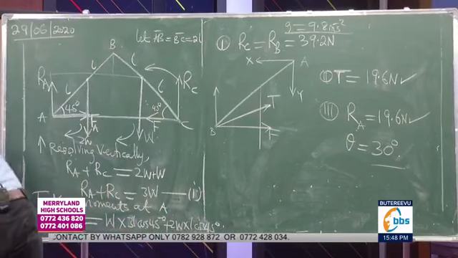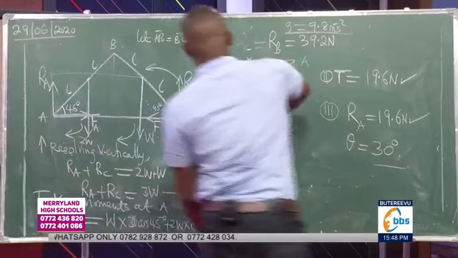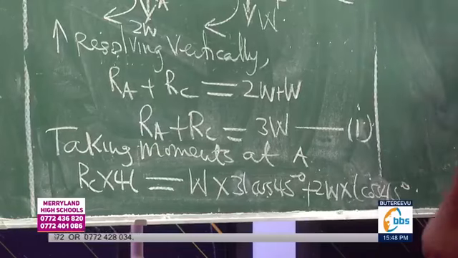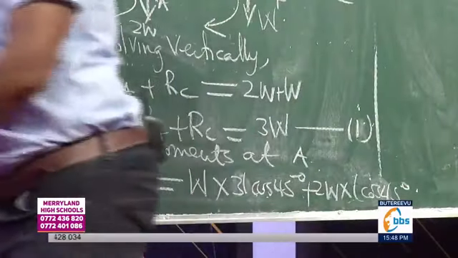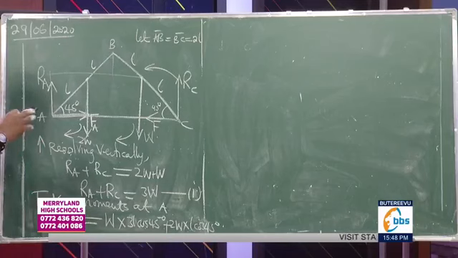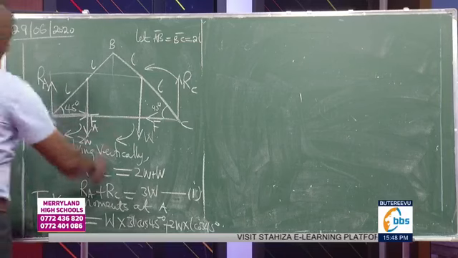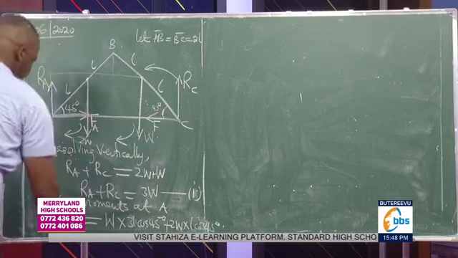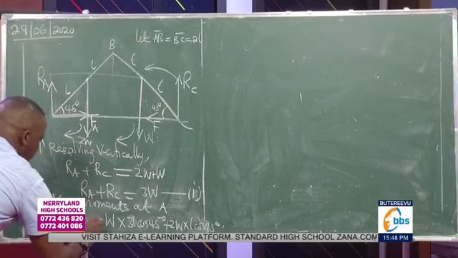So in equilibrium, we compute that. When we compute that, we should be able to get... There is a missing component here. Since I had not put the angle, this would also have the cos of 45.